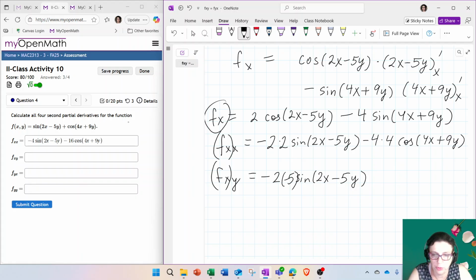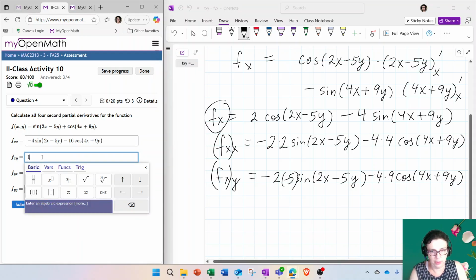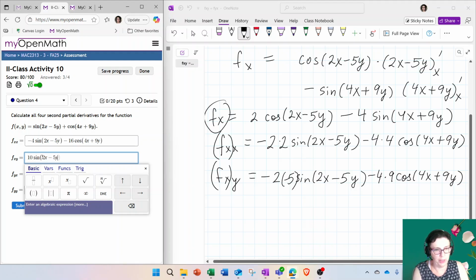Because 2x will drop out. Okay, sine of a thing is cosine of the same thing multiplied by the derivative of that thing with respect to y now, and that's going to be 9, right? Okay, so this will become 10 sine(2x minus 5y) minus 36 cosine(4x plus 9y).